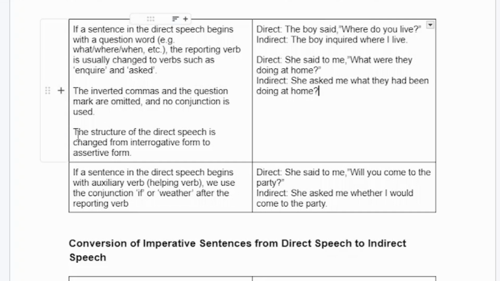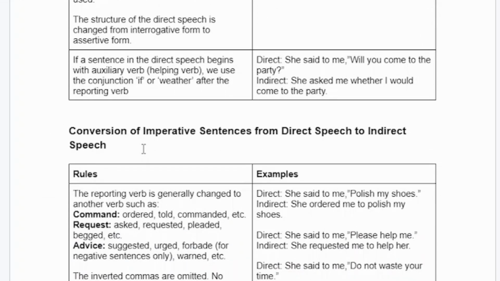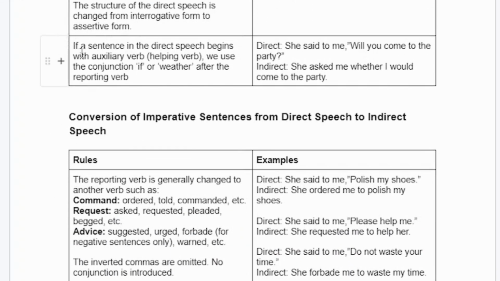So now we will see the structure of the indirect speech is changed from interrogative form to assertive form. So that is the rule. If a sentence in the direct speech begins with an auxiliary verb, helping verb, we use the conjunction if or whether after the reporting verb.